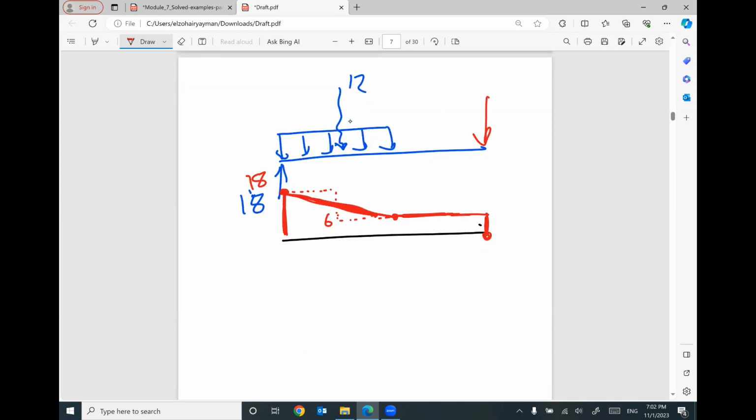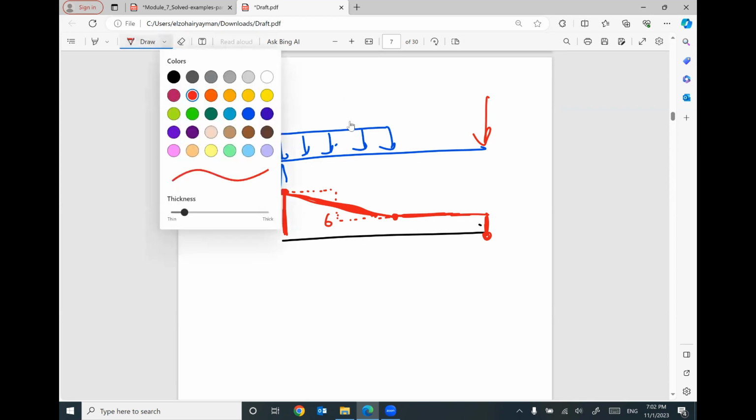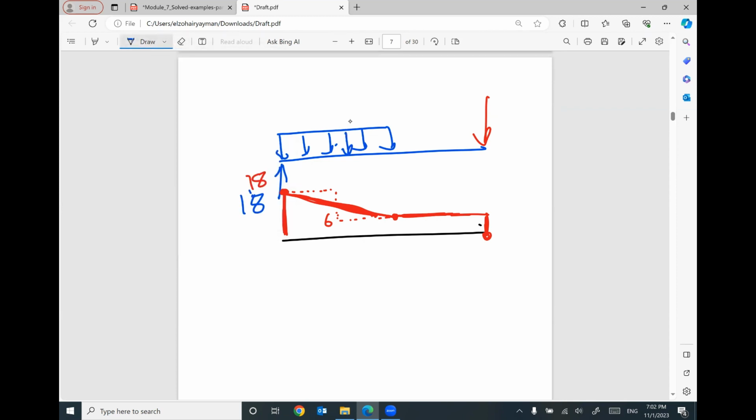You will ask me a good question. What is the reason for that? Keep in your mind, the normal case is you have this distributed load. So we have many arrows. So this reaction will move you up. When you are moving, we have very small arrows. These arrows trying to push you down, down, down.